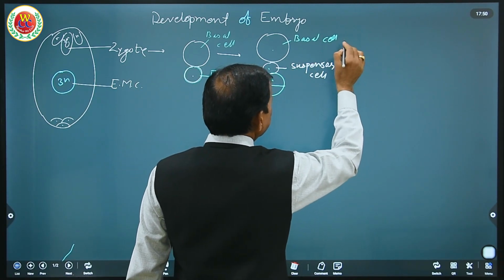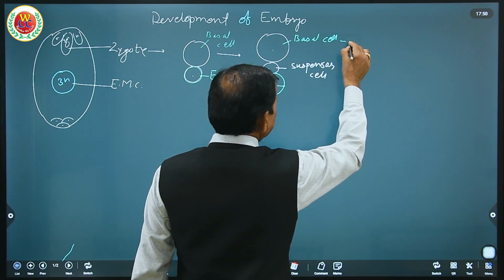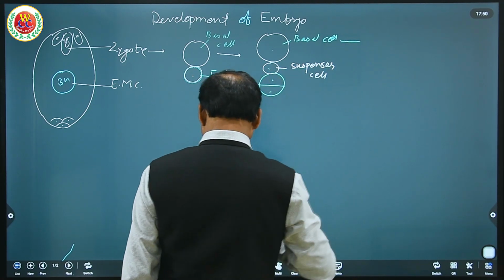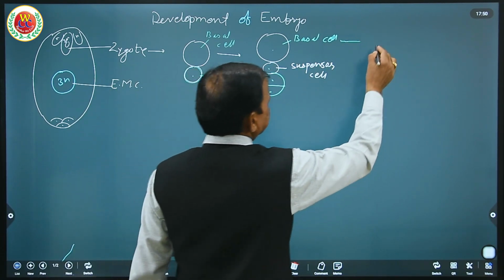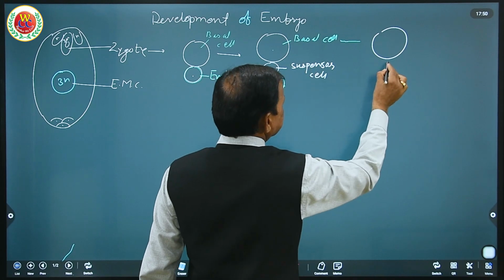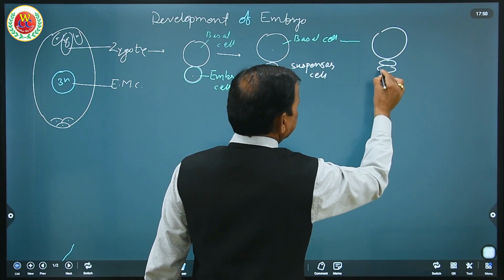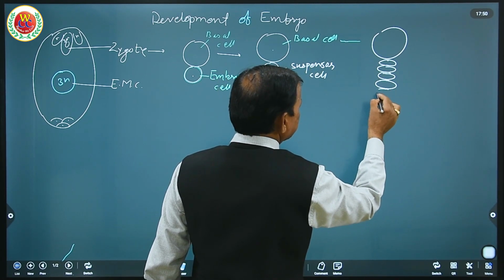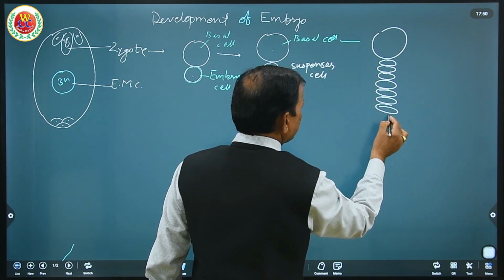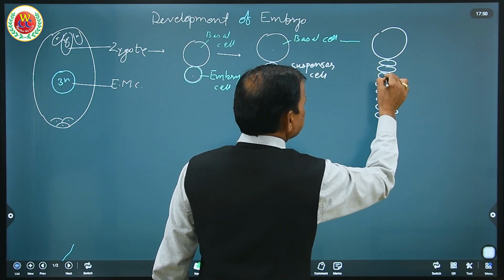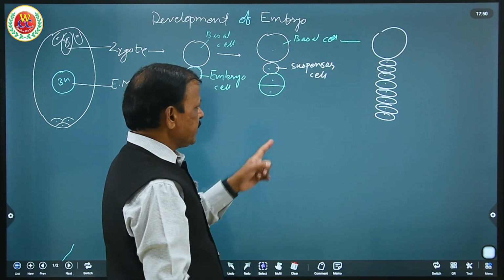Now the basal cell remains large as it is, and the suspensor cell continues to divide and redivide, and produces a long suspensor to push this developing embryo deep into the endosperm.